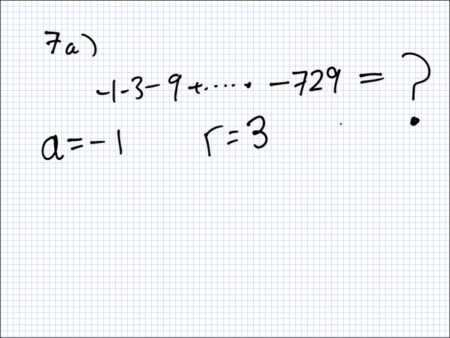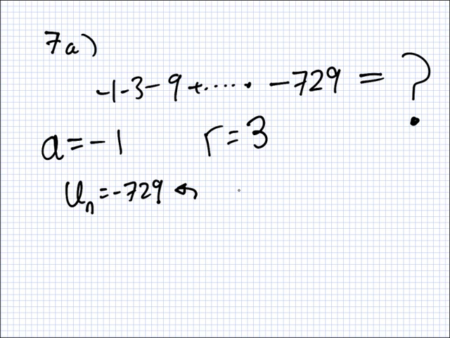Not Sn? Yeah, what is it, Nusi? Not quite. I think you want un equals a r to the n minus 1. That's it, yeah. You write un equals minus 729. And this can get you the n. Okay? Alright.